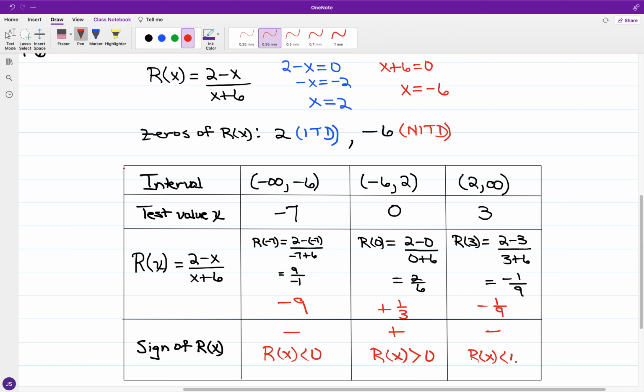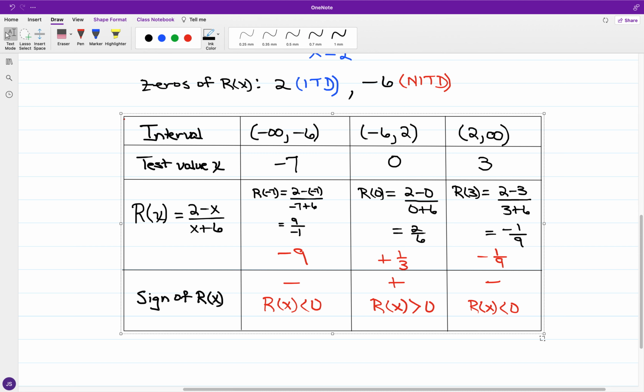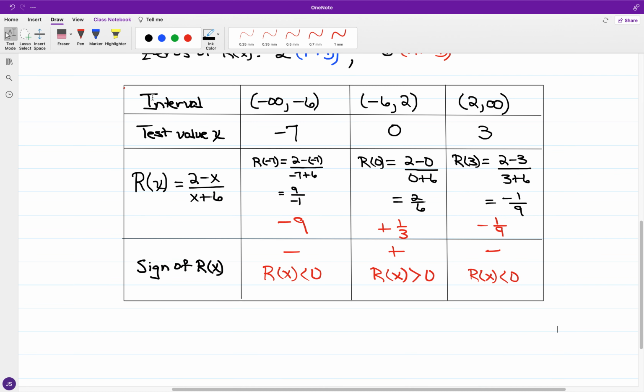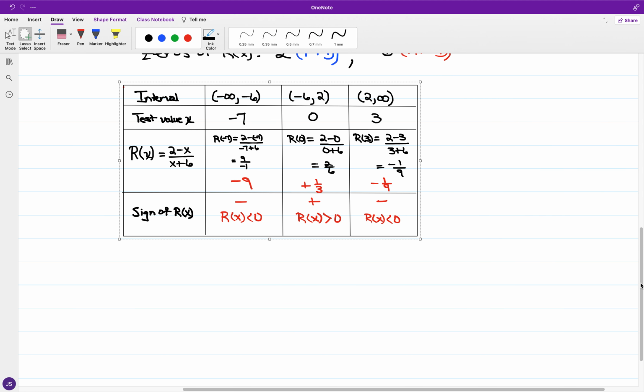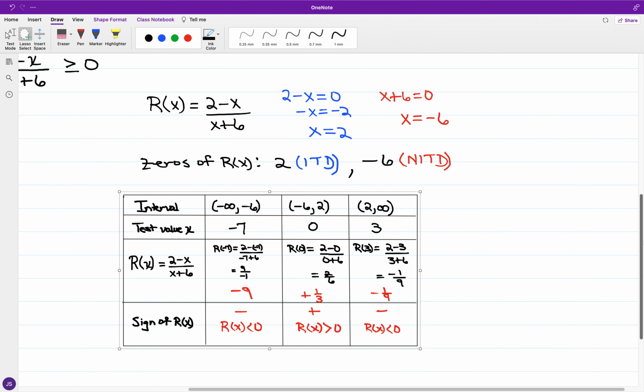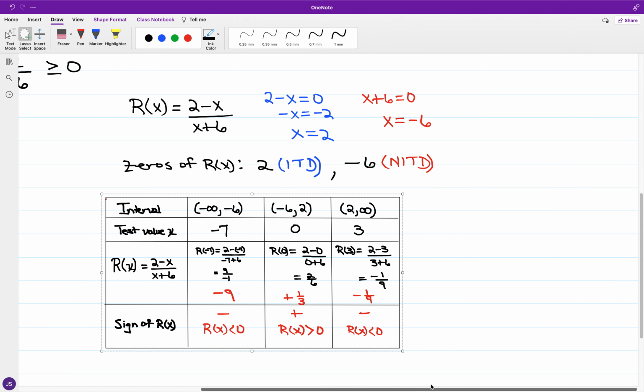So again, we're going to have r of x is less than 0. And so looking at what we have in the mix, again, the inequality we started out with was 2 minus x over x plus 6 is greater than or equal to 0.